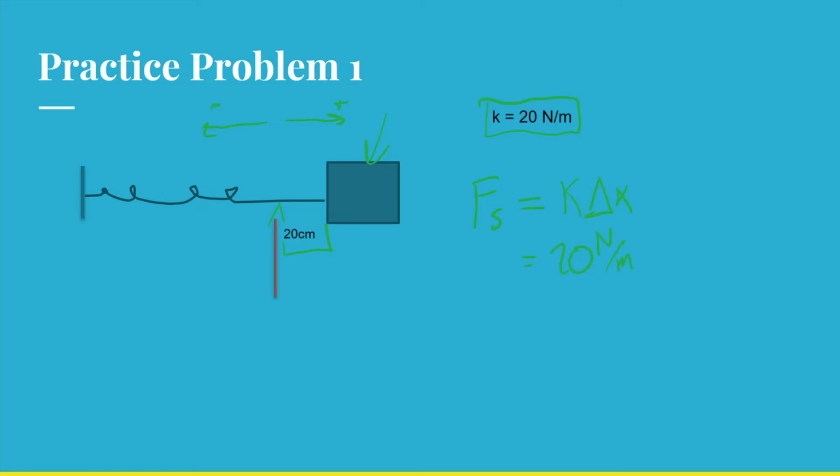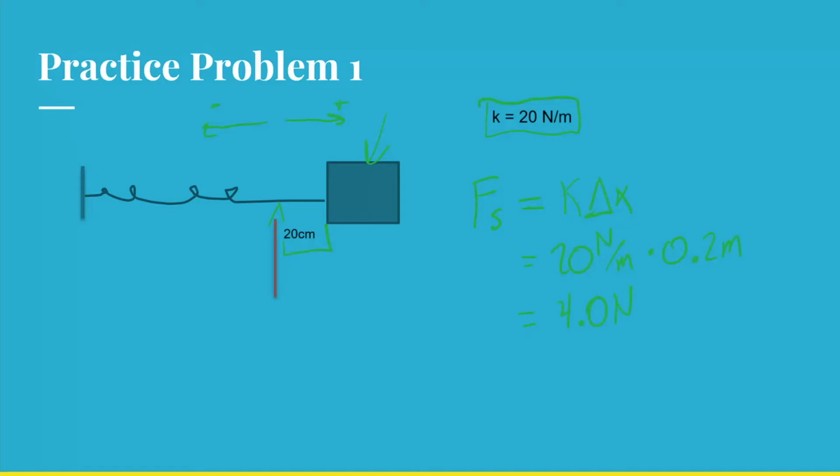This is newtons per meter. So I need to convert 20 centimeters to meters, which is 0.2 meters. And if I do this math, I should get 4.0 newtons.